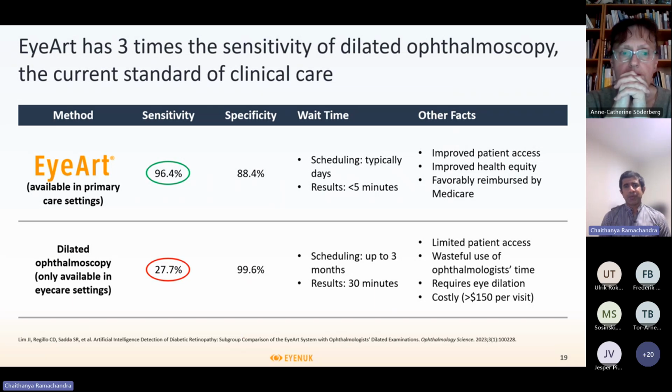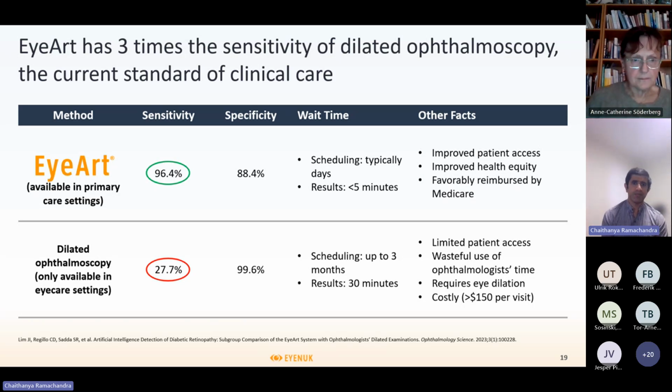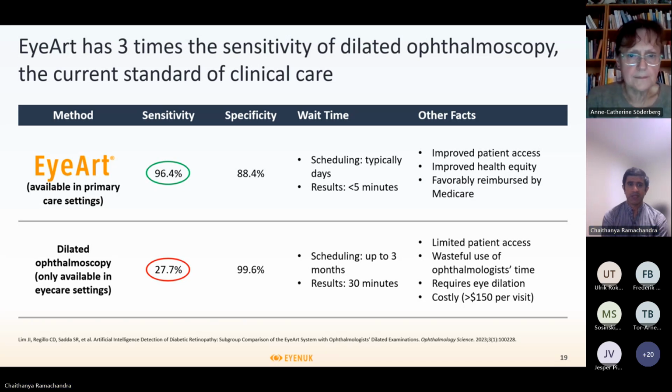In one of the sub-studies that we did, we compared our performance against dilated ophthalmoscopy. A large subset of patients in the previous study that I mentioned also underwent dilated ophthalmoscopy, and IART's performance was compared against it.